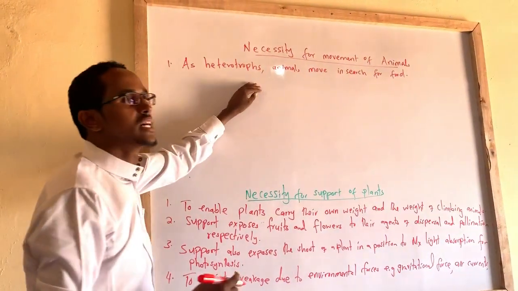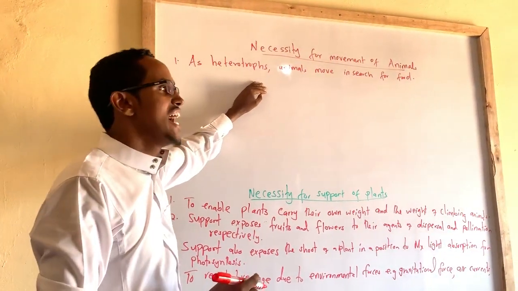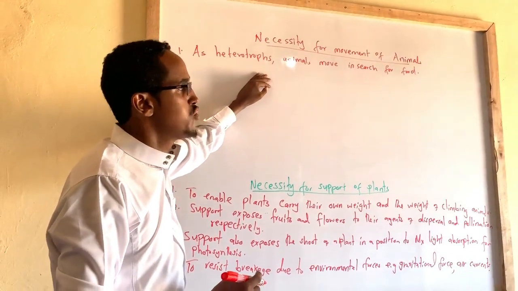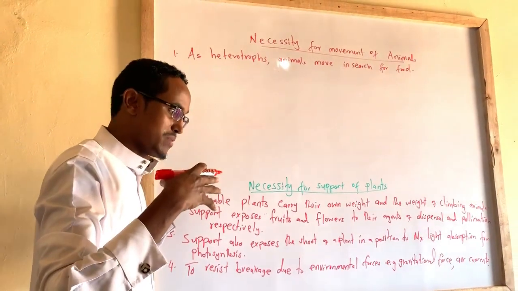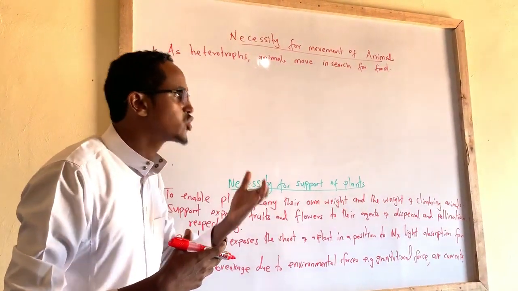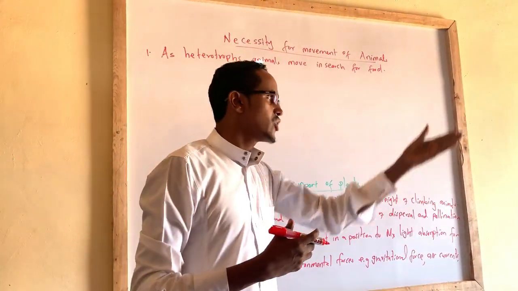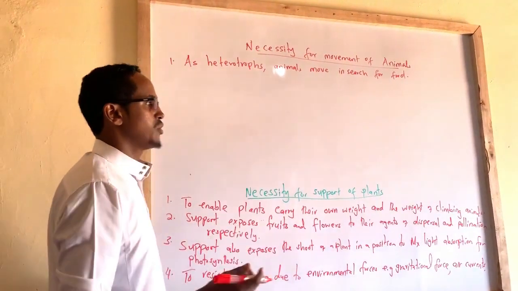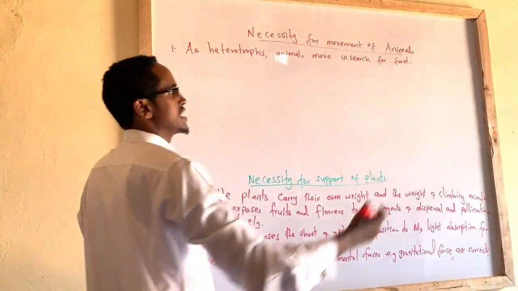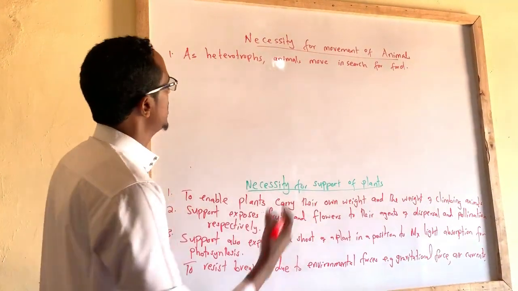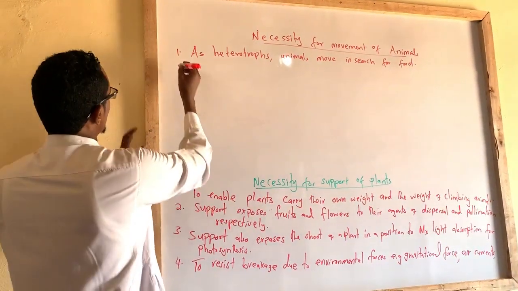Heterotrophs are organisms that cannot manufacture their own food and rely on ready-made food by the autotrophs, by the plants. Because animals cannot make their own food, they need to move from one point to another in order to look for food. That is like students moving from a classroom during break time or lunchtime to the cafeteria or to the dining hall in search for something to buy.